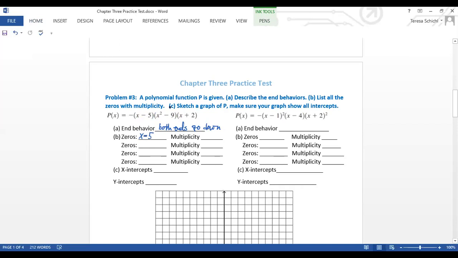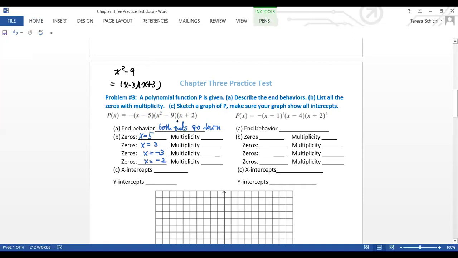Then this one here is x squared minus 9. Be careful, x squared minus 9 you can still continue to factor: it will be x minus 3 times x plus 3. So what are the zeros here? x equal to 3, x equal to negative 3, and x equal to negative 2.